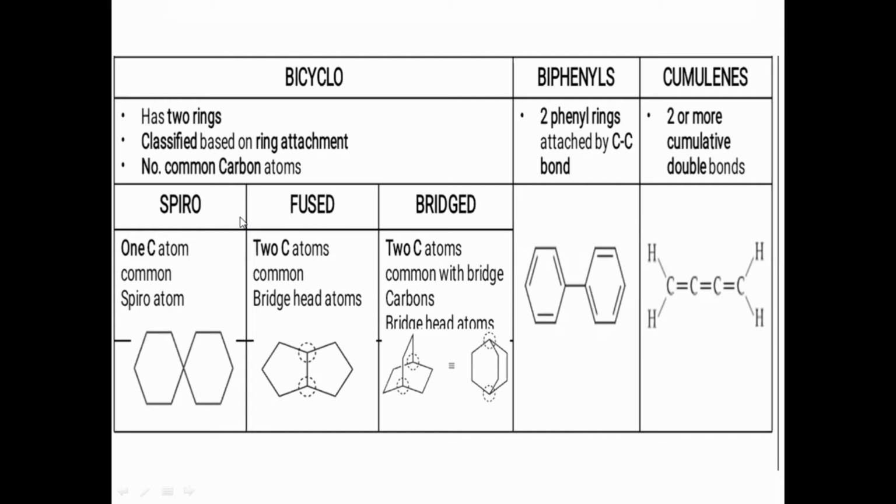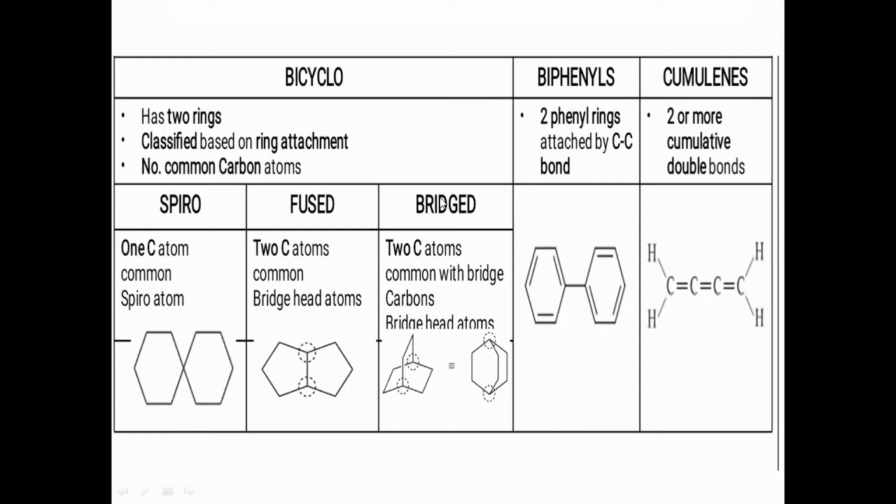Next one is the bridged compounds. Bridged compounds also contain two rings, with two common bridgehead carbons. So this is the difference between the Spiro compounds, fused compounds and bridged compounds.